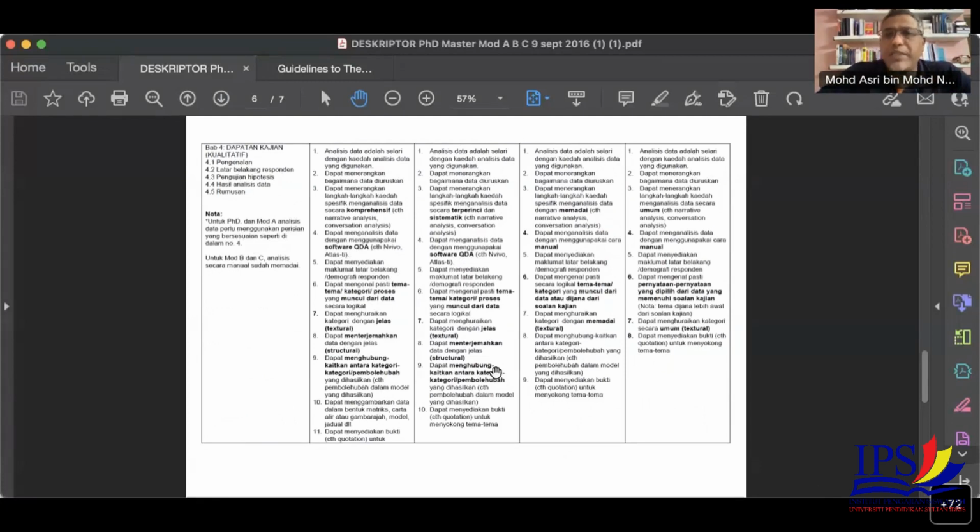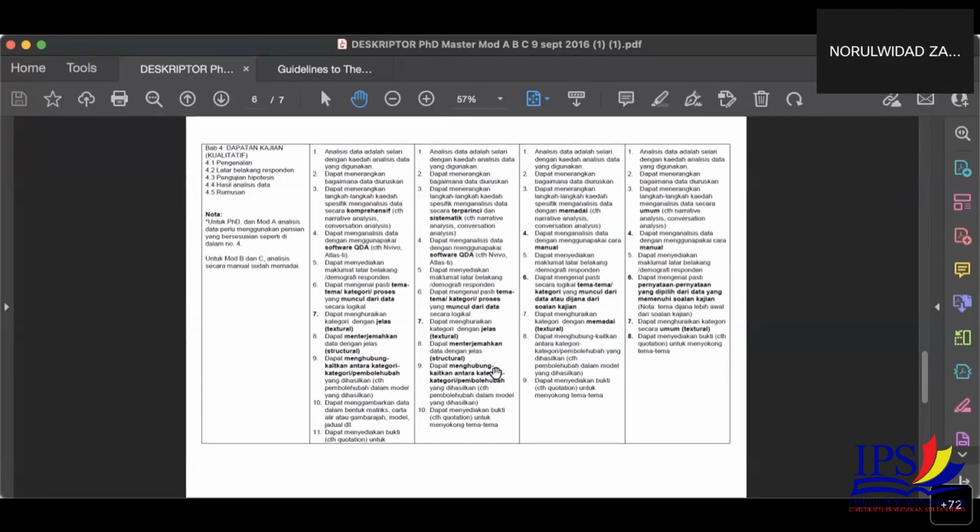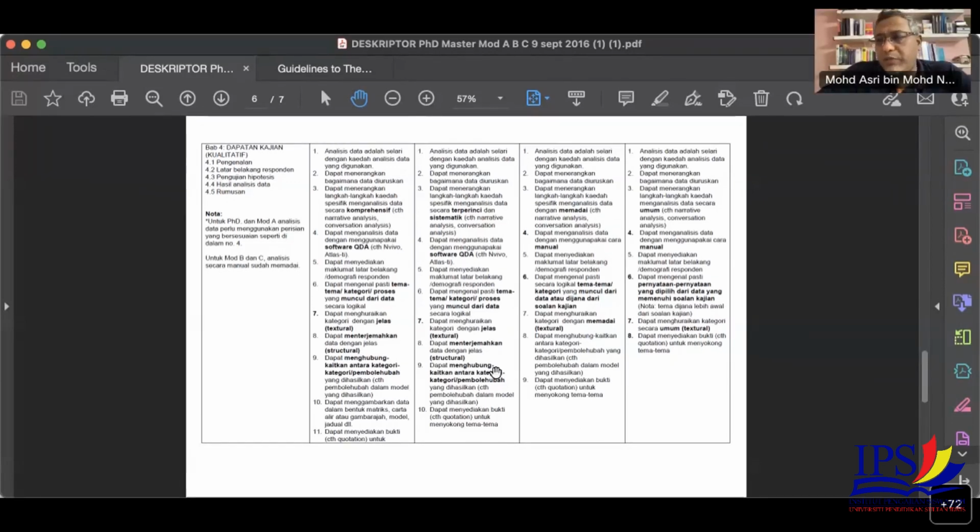It's quite simple actually. In writing chapter 4, you should go back to your chapter 1, because when you write your chapter 4, you must follow the objectives and research questions and the hypothesis of your research. That is available in chapter 1.